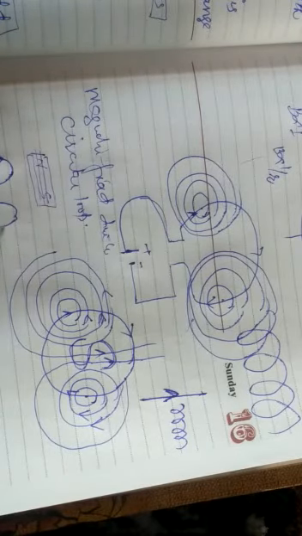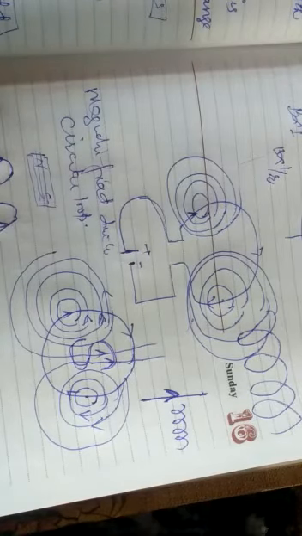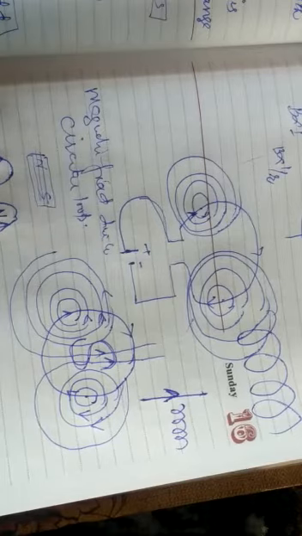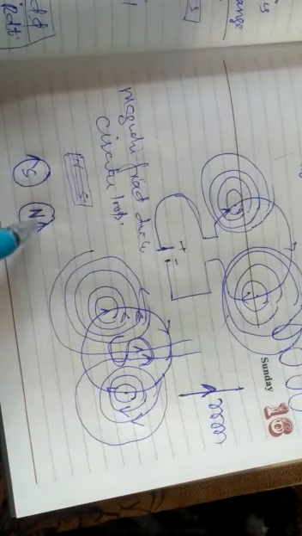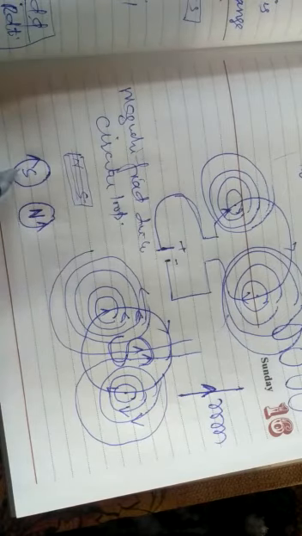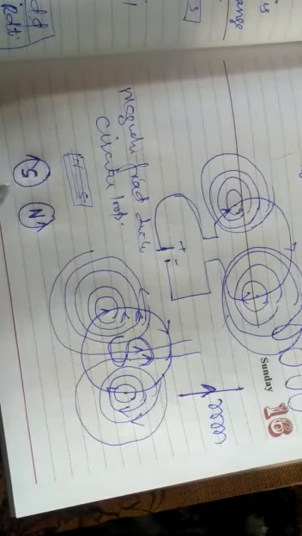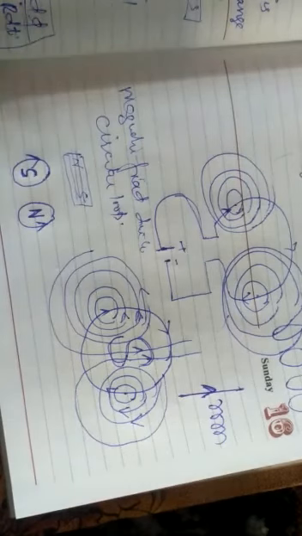And if it is another loop with the direction of current anti-clockwise, then this will act as north, the face that I am facing, and if I turn the page, the back of this will act as south. So every circular loop will be a complete magnet.